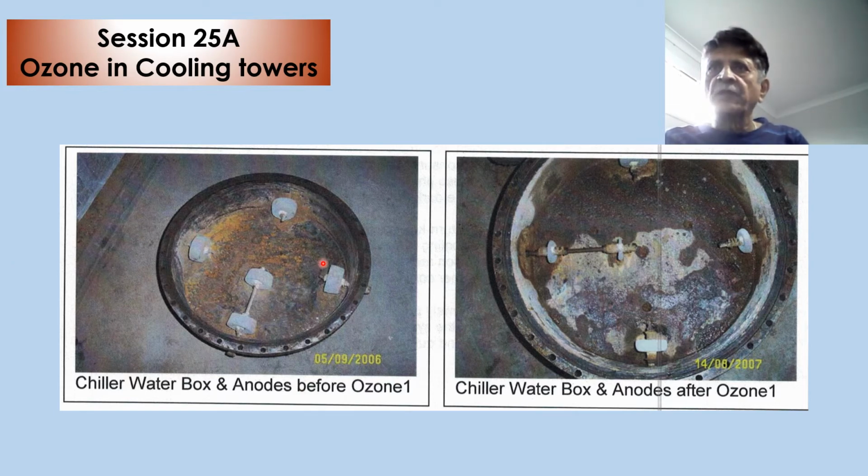This was before the ozone was installed, and this is after the ozone was installed. Obviously, these are all parts of the system that cannot be removed. But if you notice, all these areas were without rust, and there's not much scale building up in the end plates.